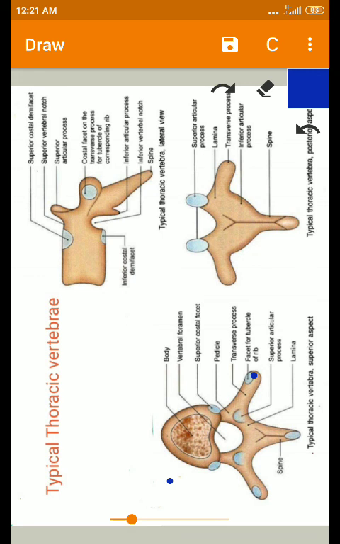If they place typical and atypical thoracic vertebrae, you have to differentiate the typical thoracic vertebra from the atypical ones by considering all these points. Okay, thank you.